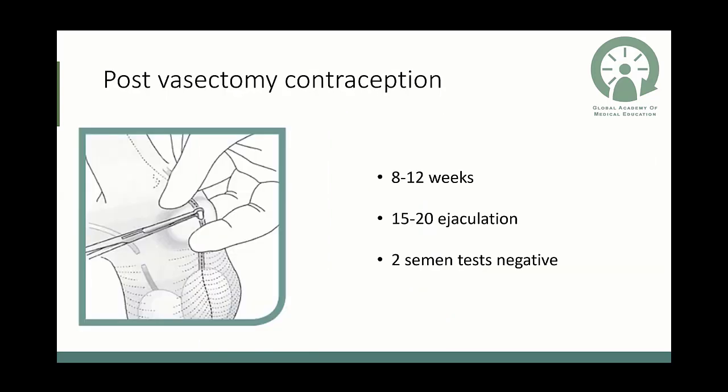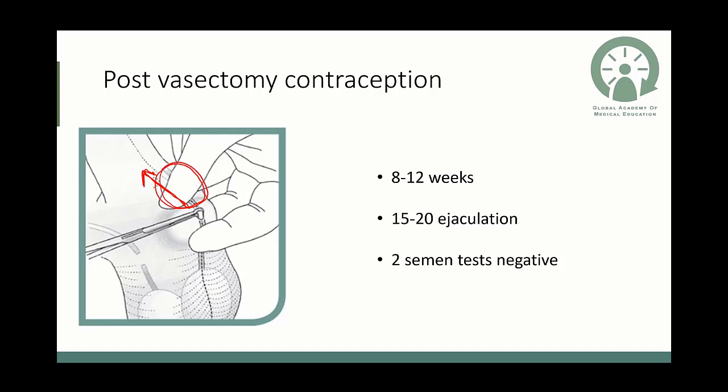Coming to the next question, post vasectomy contraception to be used for how long? So basically what happens is, I kept this image for a reason. We do the vasectomy at the level of the base of the scrotum. So this proximal portion of the tube is actually spared, and the sperm present in this area are still functional, alive and viable.